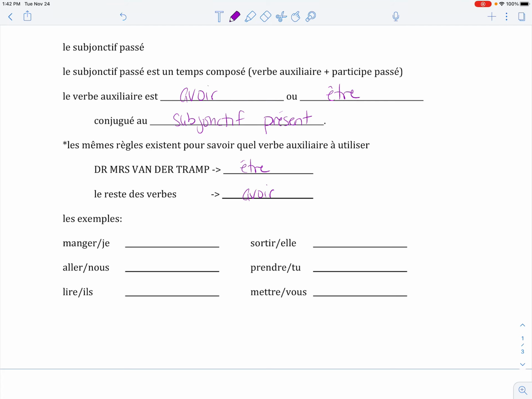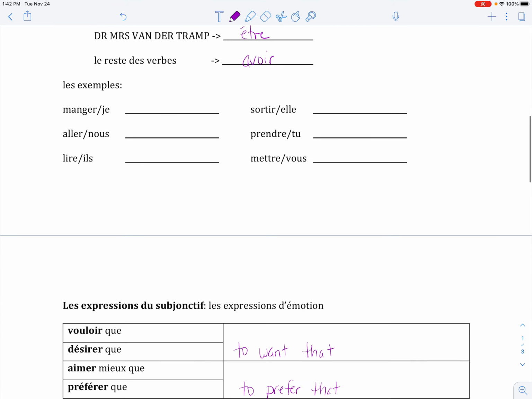So as an example, manger, you're going to conjugate it as j'aie, the subjunctive conjugation of avoir, mangé. Aller, being with être, is going to be nous soyons allés, with an S for past participle agreement. Lire uses avoir: il ait lu.